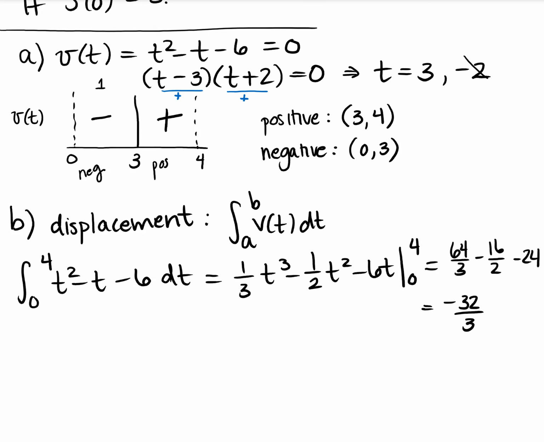That's going to be in feet or meters or inches or whatever our units are. So that's my exact answer. This is a negative 10.6 repeating, or if I wanted an approximation, maybe like 10.67.